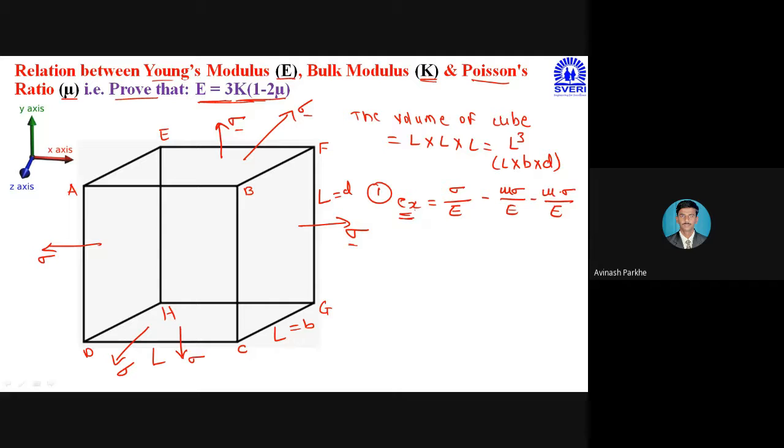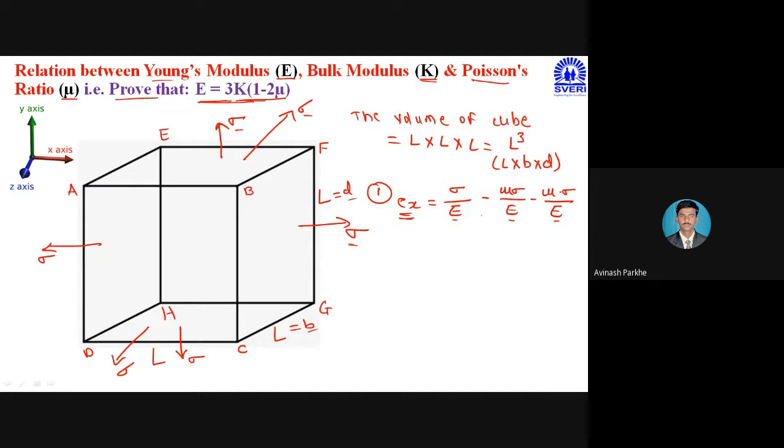Therefore, epsilon x is equal to linear strain in X direction plus lateral strain in Y direction plus lateral strain in Z direction. But here, instead of plus, I have taken the negative sign, because in the y direction and in the z direction, the strain goes on decreasing, meaning the depth and the width go on decreasing.